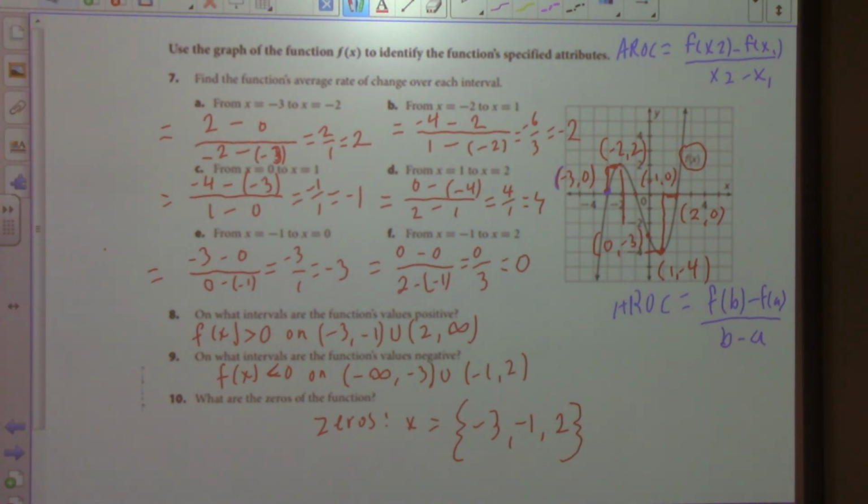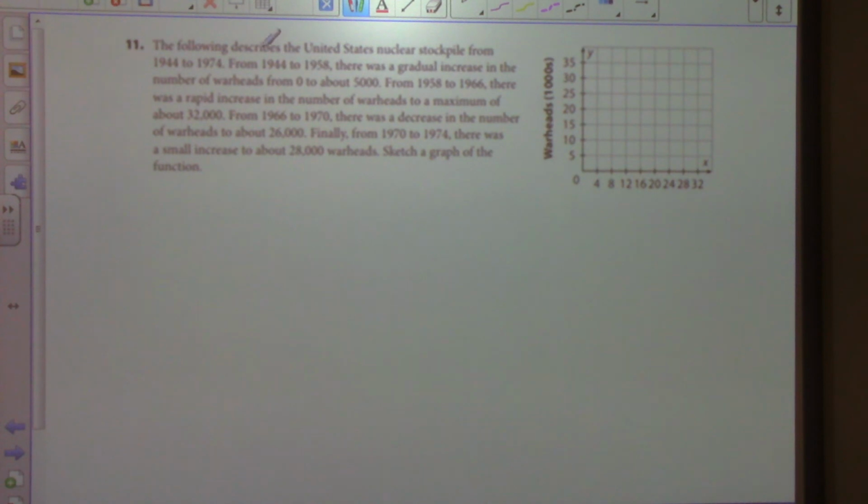Okay, let's quickly look at this one here. You have this describing the United States nuclear stockpile, and what you have here is years. So we'll say let x equal years since 1944, because that's what we're given here.